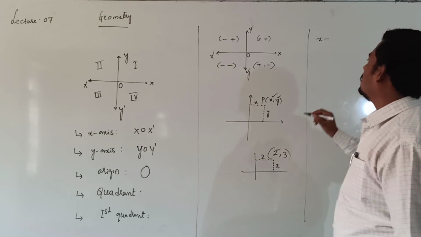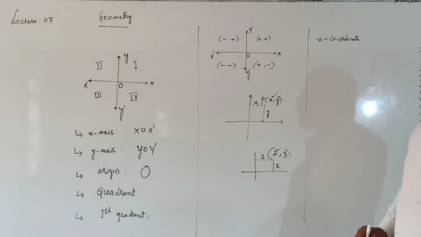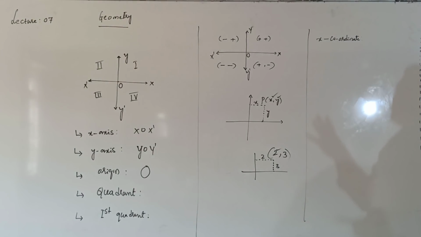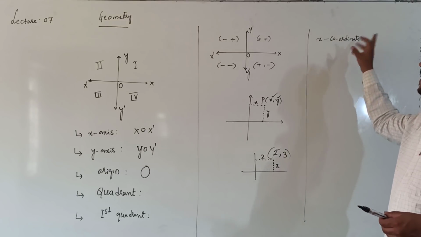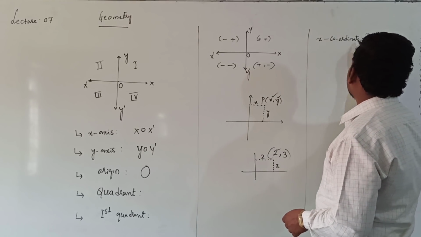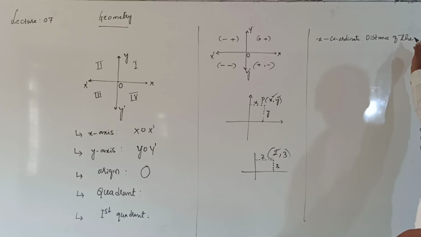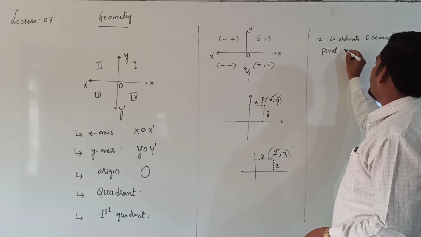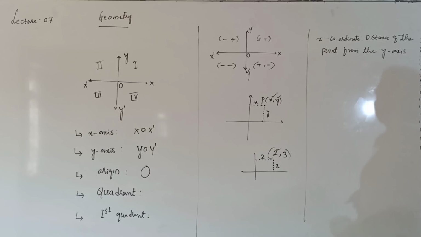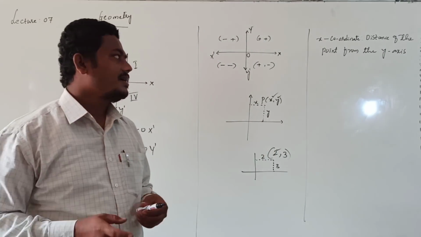The x coordinate of any point represents the distance of the point from the y-axis.